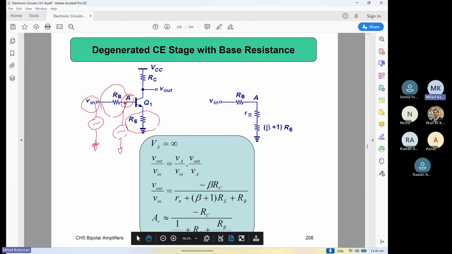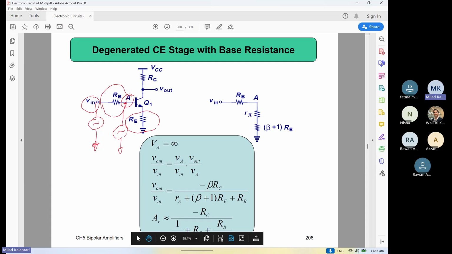So in order to find the VA, what is the solution? What about the IB? I mean the AC, we are talking about the AC. You need to find the base AC current, not the DC.